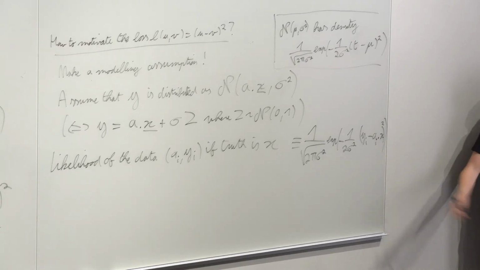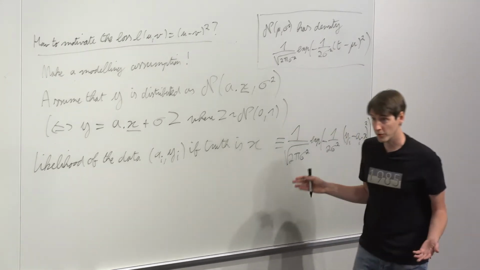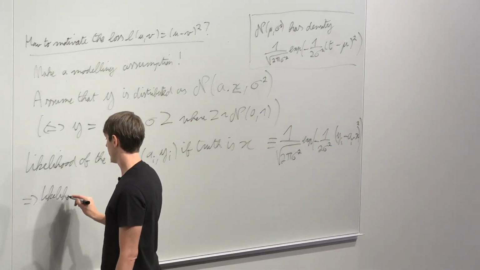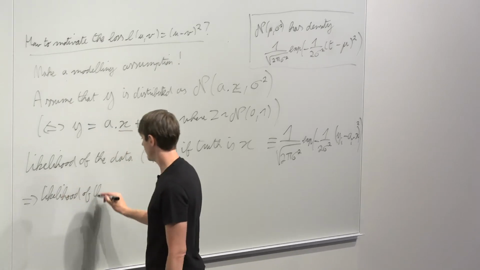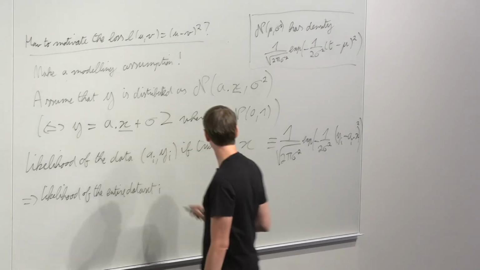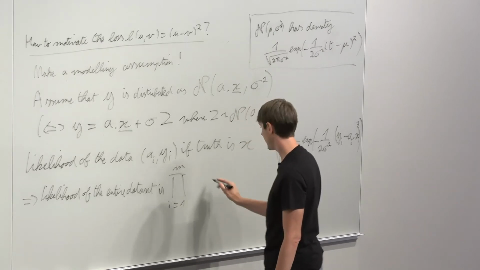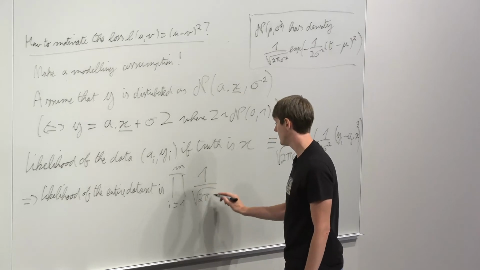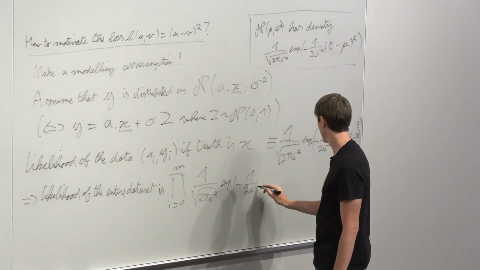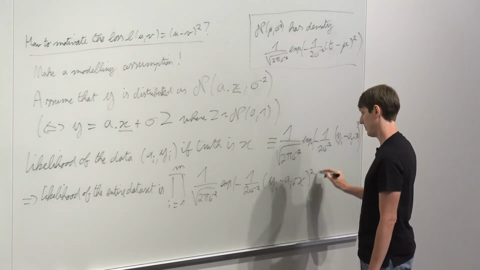Now, what is the likelihood of my entire data set? If I assume that everything is independent, the likelihood is just the product. So the likelihood of the entire data set is nothing but the product for i equals 1 to m of 1 over square root 2 pi sigma squared, exponential minus 1 over 2 sigma squared, (y_i minus a_i dot x) squared.